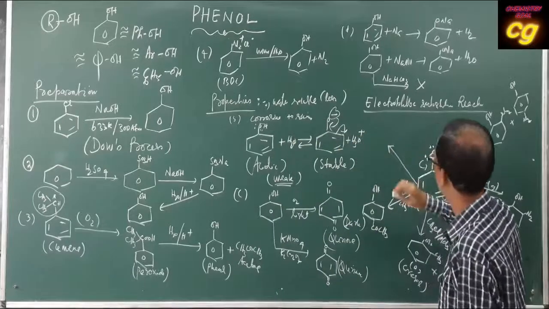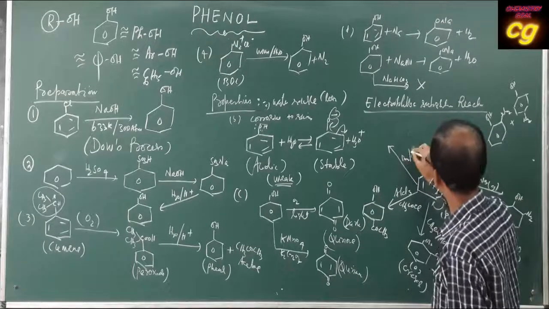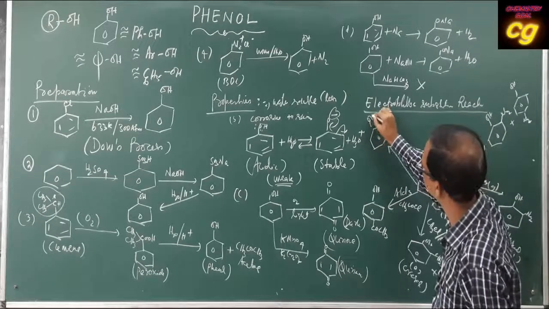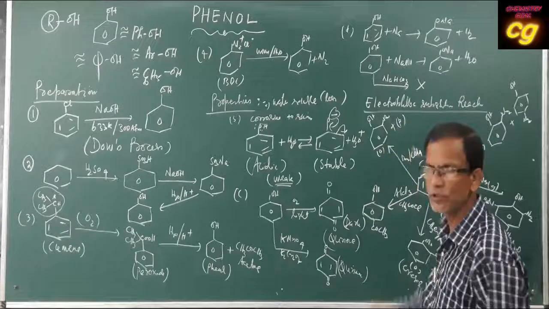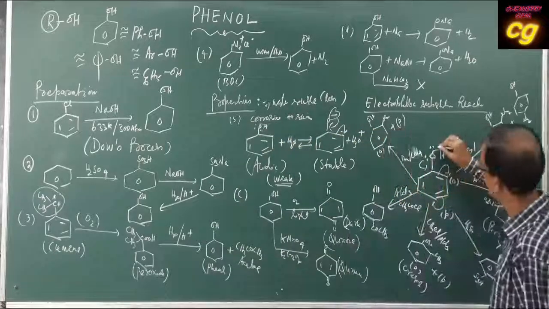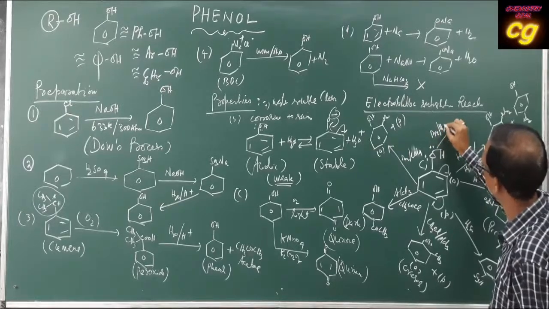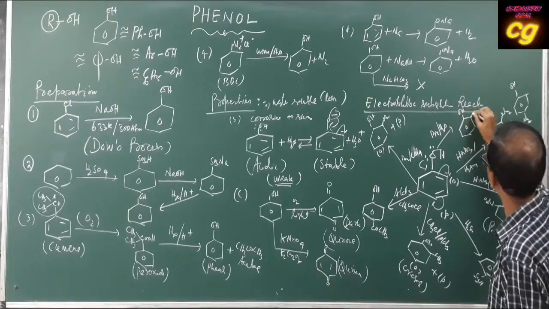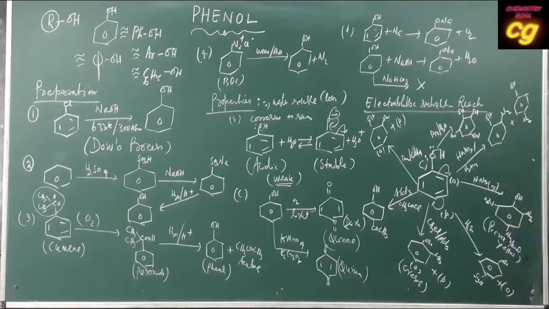Halogenation: suppose you use bromine and carbon tetrachloride, the product will be ortho bromophenol plus para product. Always ortho and para both. But if you use bromine and water, both ortho and para positions will be substituted by bromine.